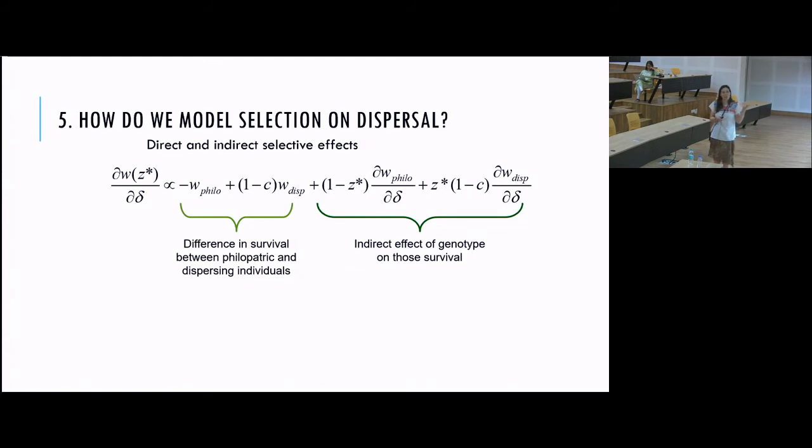If on average your survival is greater if you stay or if you go, then you evolve more or less dispersal. But what you can see very clearly is that if there were only those terms, and if those quantities, like the survival of Fitzpatrick individuals and the survival of dispersing individuals, were constant, then what would be the ESS strategy? What would be the only possible evolutionary stable strategy? If this is constant, the sum of these terms is going to be either negative or positive, so what happens?